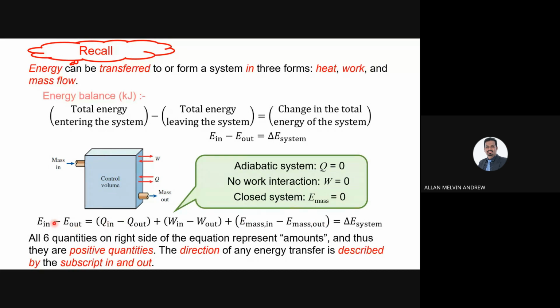So generally, you only need to remember this formula for this chapter. Using this formula, based on the information given about the system, you will know which one to make 0 and which one to replace with a value. Then you can calculate the changes in the system.